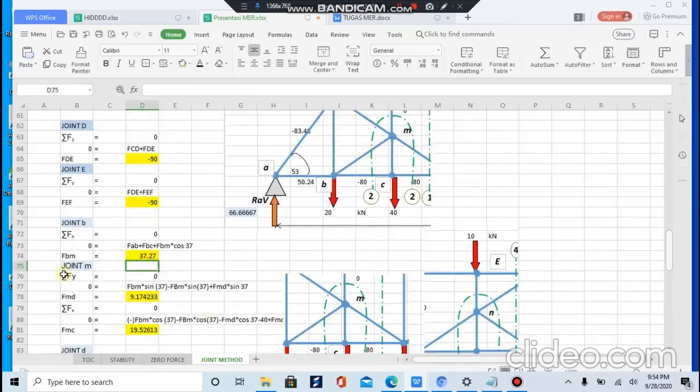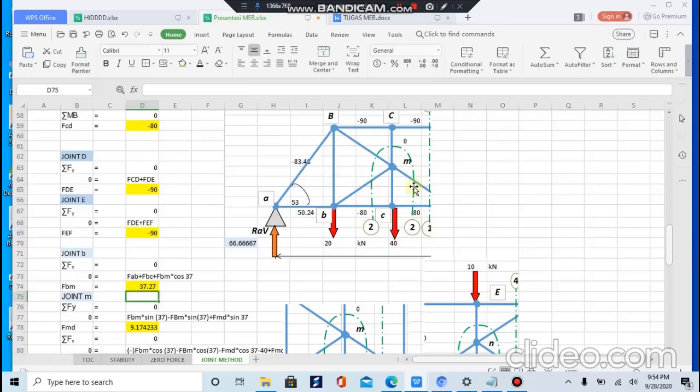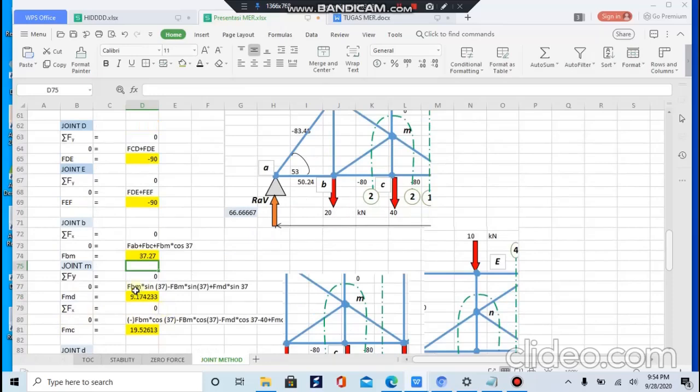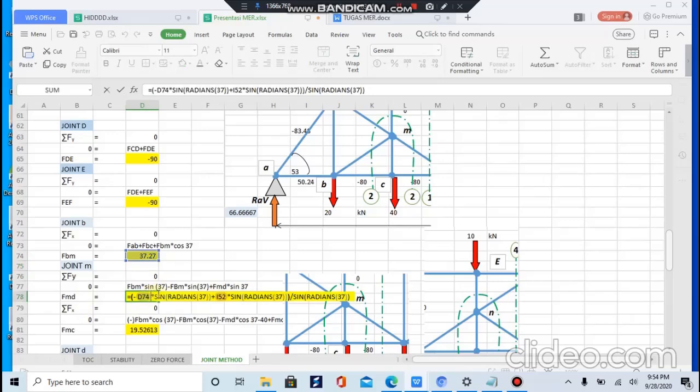So next is joint M. Here at joint M, sigma Fy is equal to 0, so 0 is equal to FBM times sin 37 minus FBM times sin 37 plus FMD times sin 37. So FMD is 9.174.